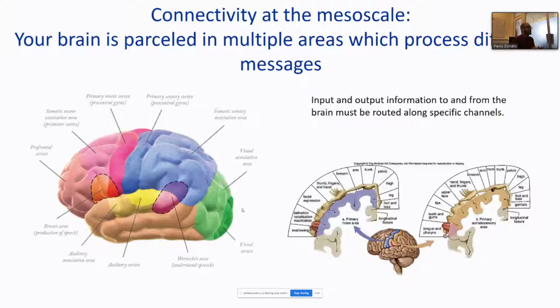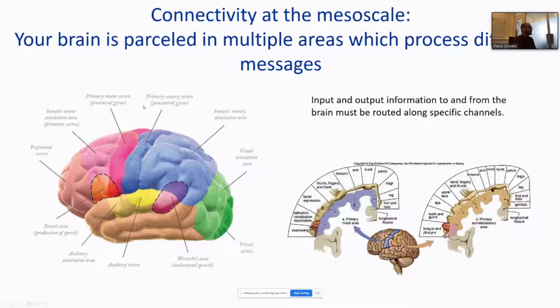All right, but if we look at the mesoscale, we observe the movement of information related to vision. But you have to imagine that there is a parcellation of your cortex into areas that take care of different functions. And within individual areas, there is a very precise type of connectivity where information is represented.